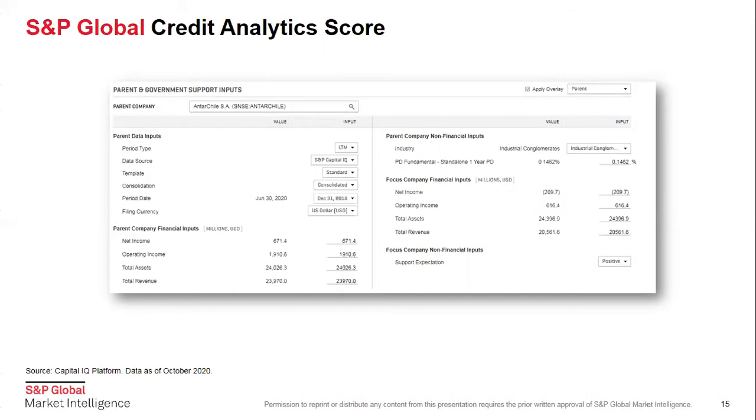By putting in the public company information, we can auto-load all of the financial inputs which are required to make a determination of where that parental and group affiliation would actually add to, be neutral to, or negatively affect the credit rating.